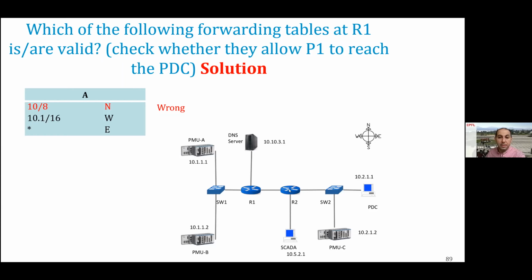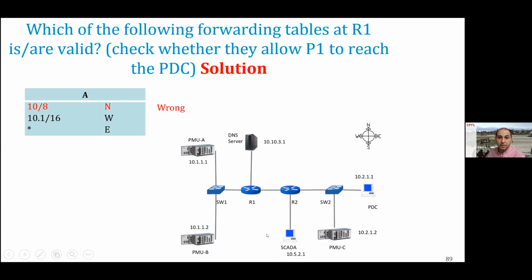R2 will receive the packet and forward it to the right destination. It will not alter the source and destination IP addresses, but it will change the MAC addresses. Within this LAN, the frame is going from R2 to PDC, so it should carry the MAC address of R2 as the source MAC address, and the MAC address of PDC as the destination MAC address.